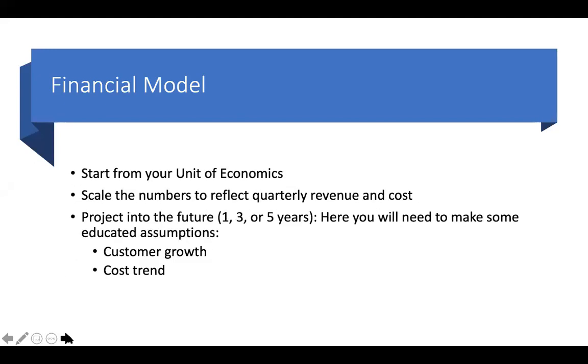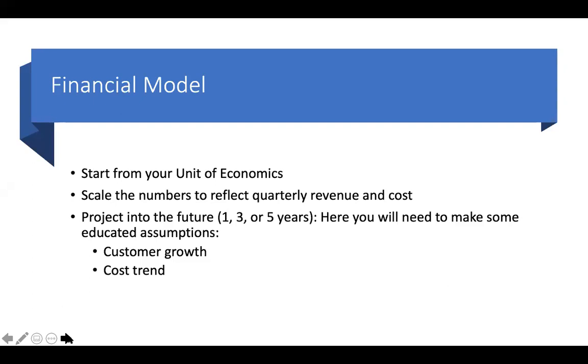To recap, for the financial model part, start from your unit of economics and then scale the numbers to reflect the quarterly or annual revenue and costs. Sometimes you have to project that into the future, like 1, 3, or 5 years.